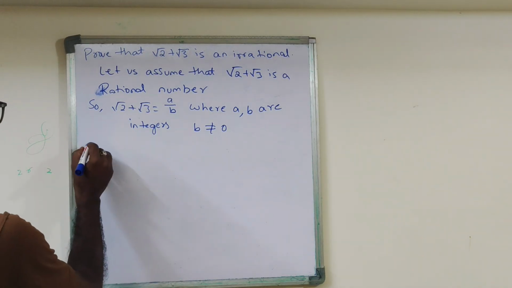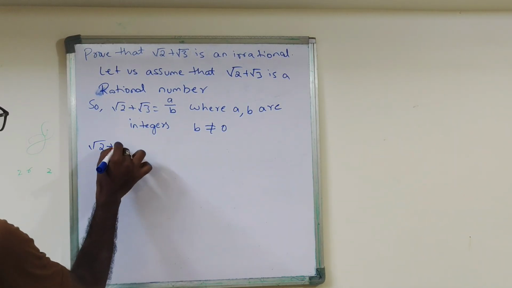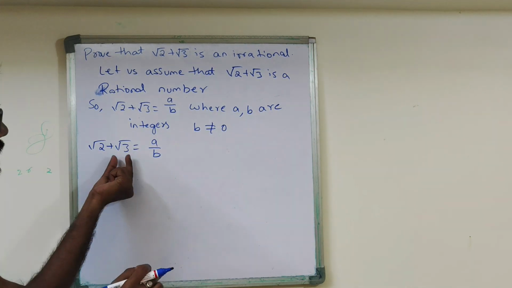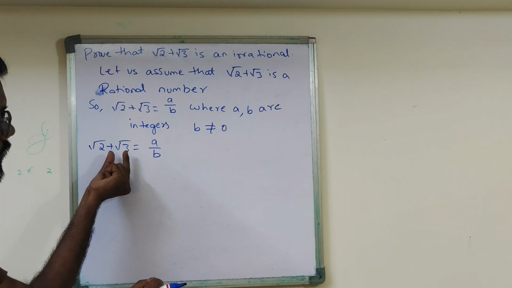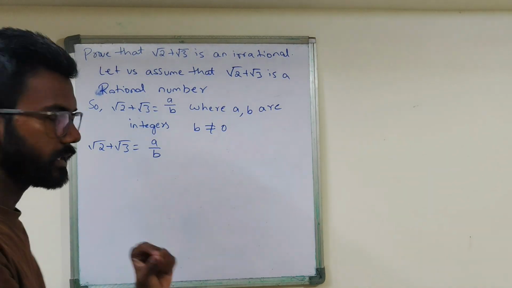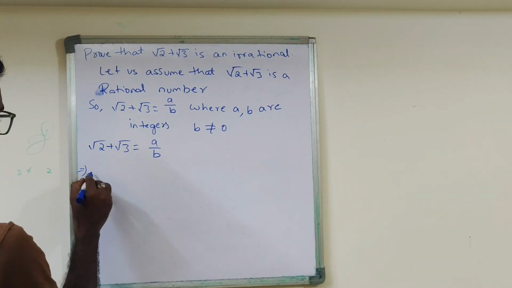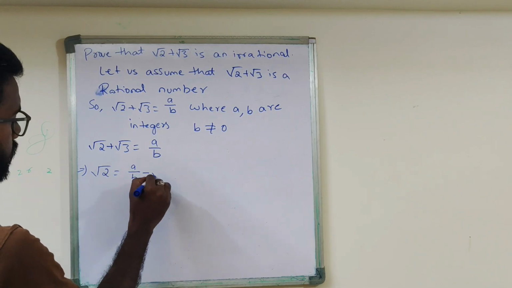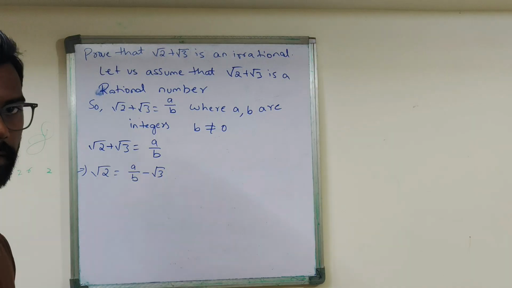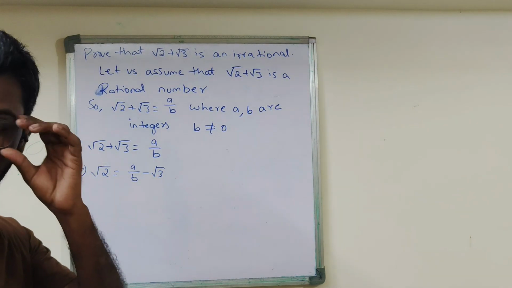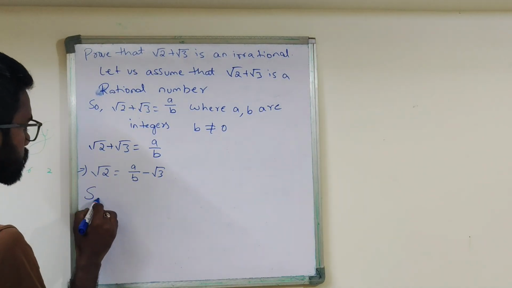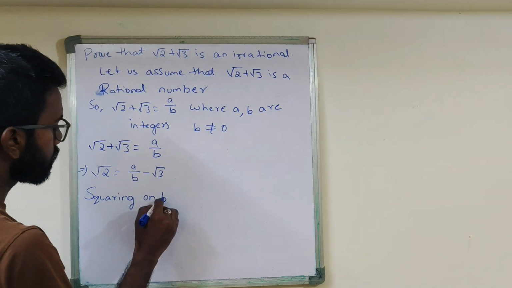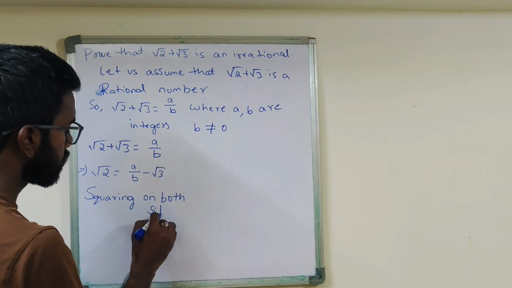The next step is root 2 plus root 3 is equal to a by b. Transpose root 3 to the right side. That implies root 2 is equal to a by b minus root 3. Now squaring on both sides.